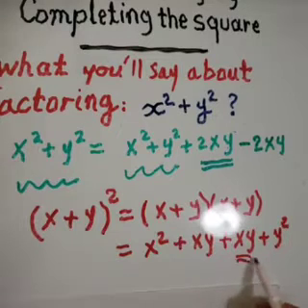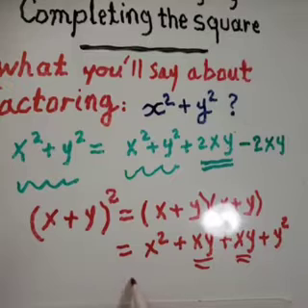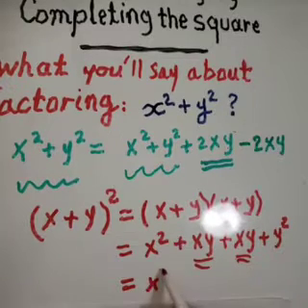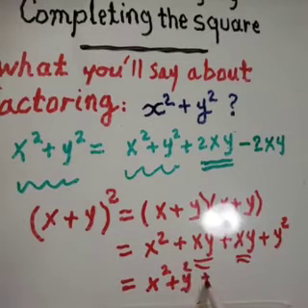Those can be added together, which means you now have x squared plus y squared plus 2xy.